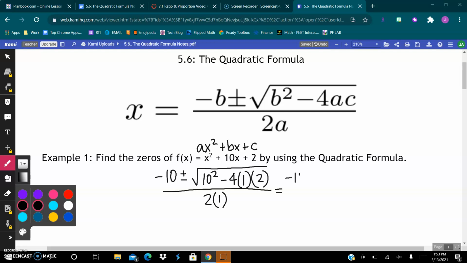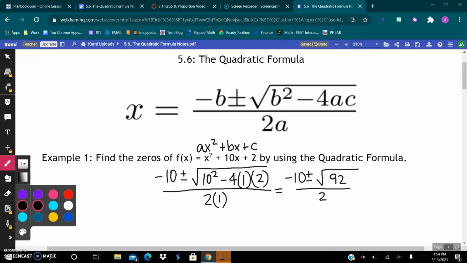So we have negative 10 out front plus or minus. Underneath, 10 squared is 100, and 4 times 1 times 2 is 8. So we have 100 minus 8, which is 92, over 2 times 1 at the bottom, which would be 2.